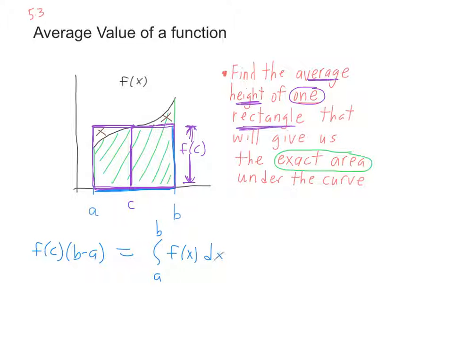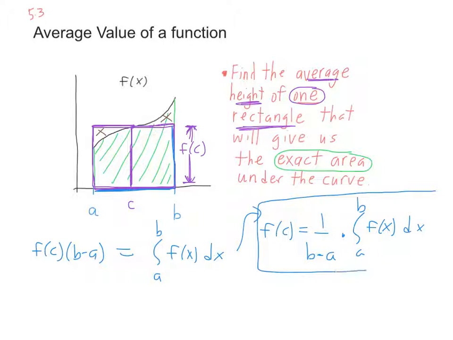From here, if we solve for f of c, I could divide by b minus a, which is the same as multiplying by 1 over b minus a, and then times the integral from a to b of f of x dx. This right here is our formula for finding average value.